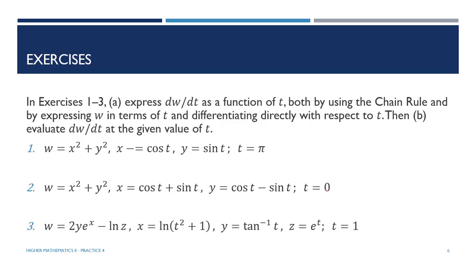Now we have some simple exercises here to solve. In exercise 1.3, the first step is to express dw/dt as a function of t, both by using the chain rule and by expressing w in terms of t and differentiating directly with respect to t. Then evaluate dw/dt at the given value of t.